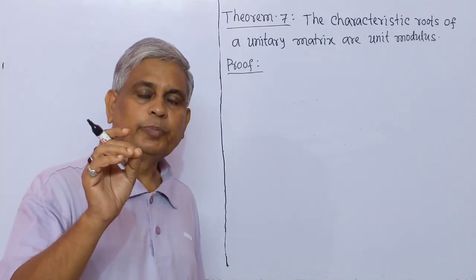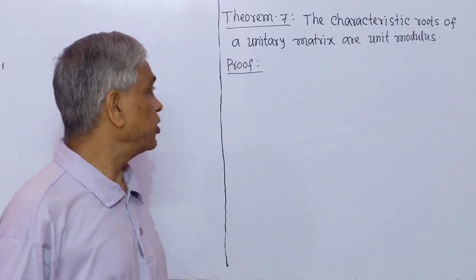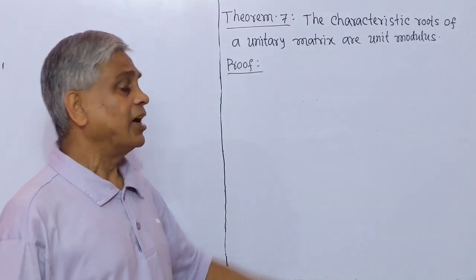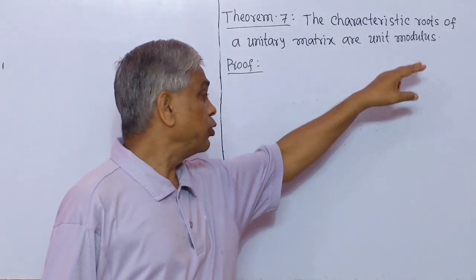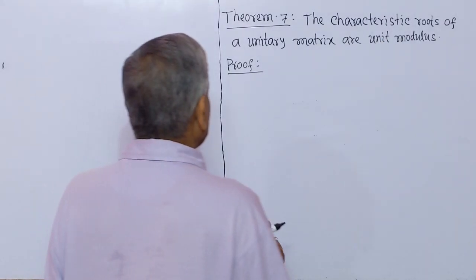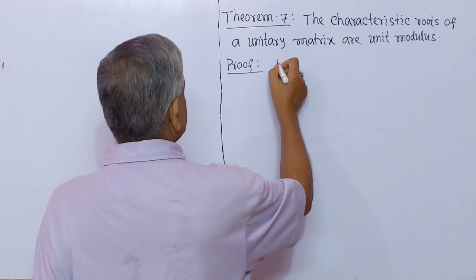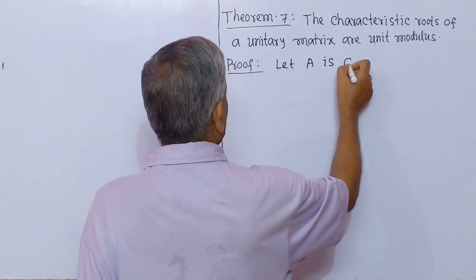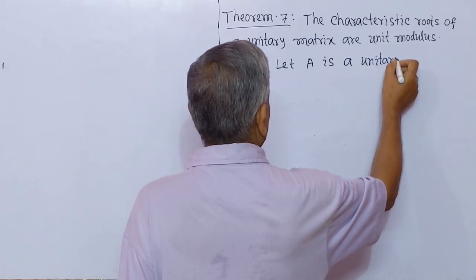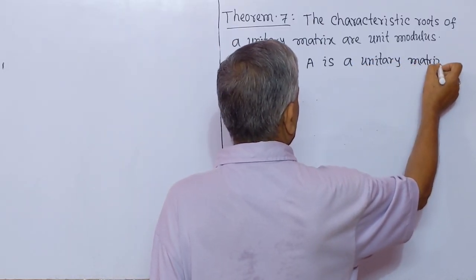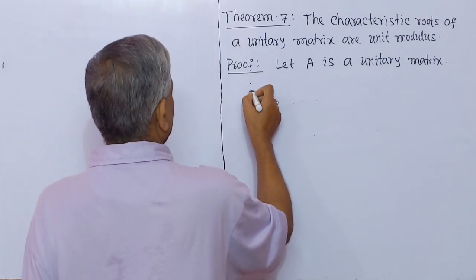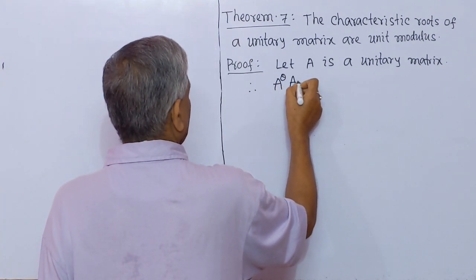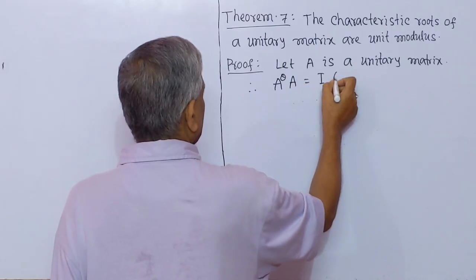Now we prove the next theorem. The next theorem is: the characteristic roots of a unitary matrix are of unit modulus. Now we prove this. Let A be a unitary matrix. Therefore, A^θ multiplied by A = the unit matrix.